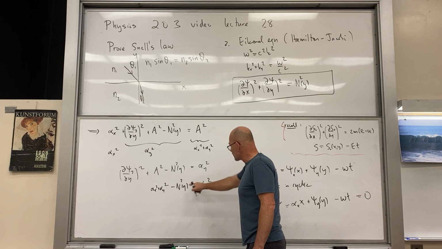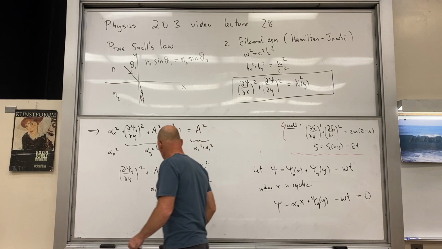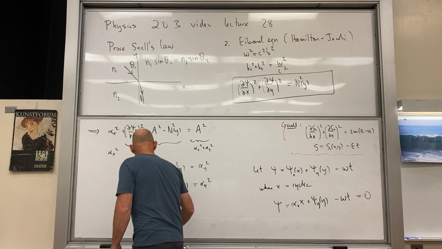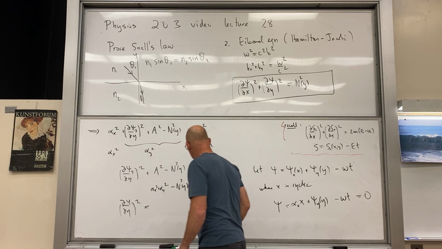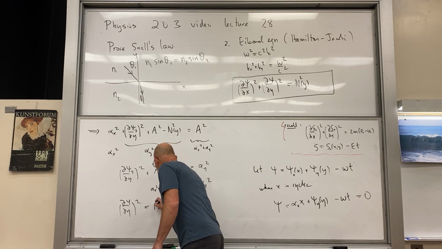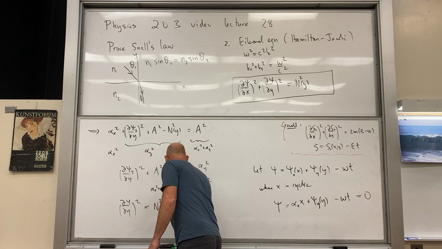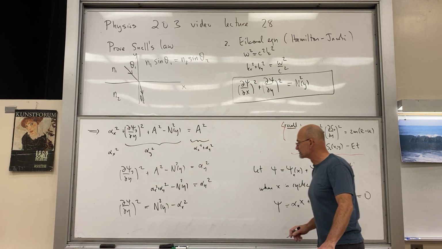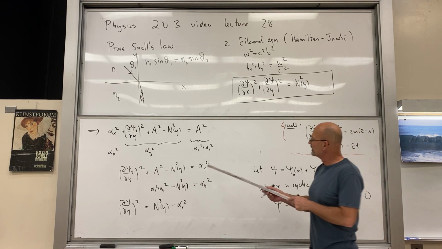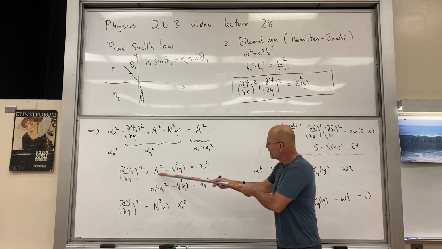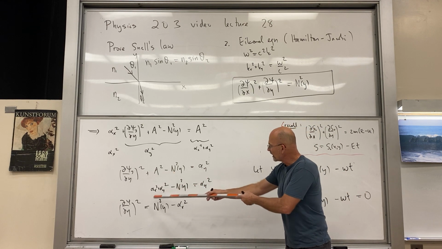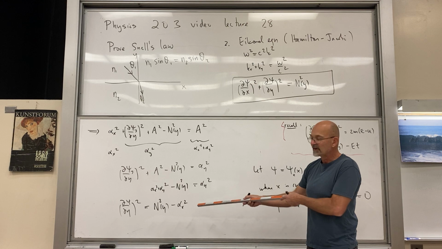So you see these are going to drop away, and we end up with c dy squared is equal to n squared of y minus alpha sub x squared. Alpha sub y squared is gone. Brought that over to the right side.